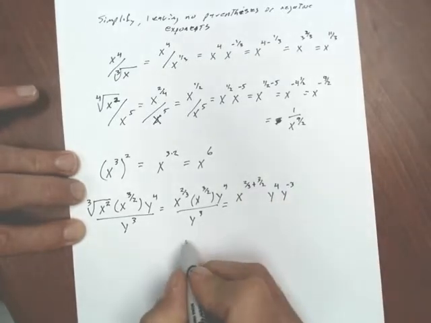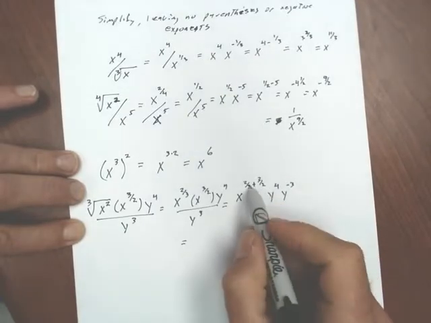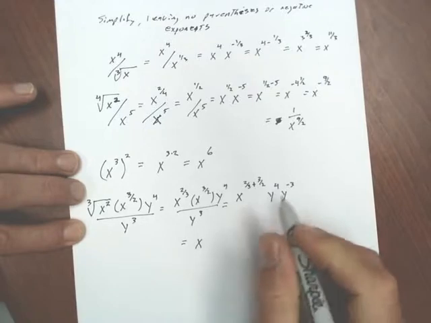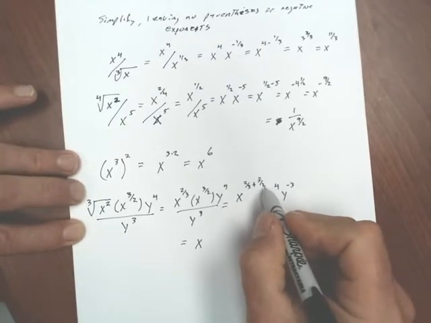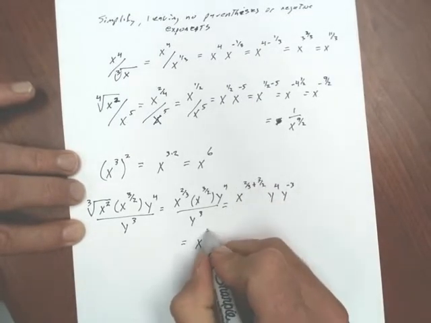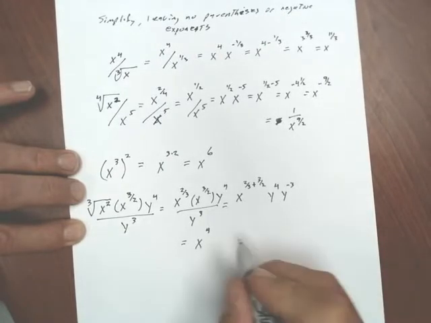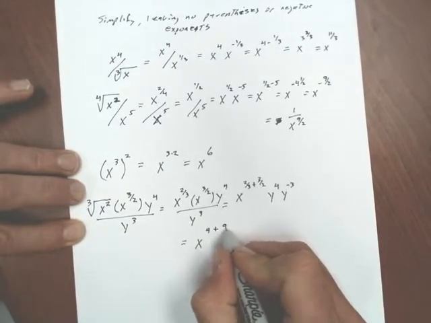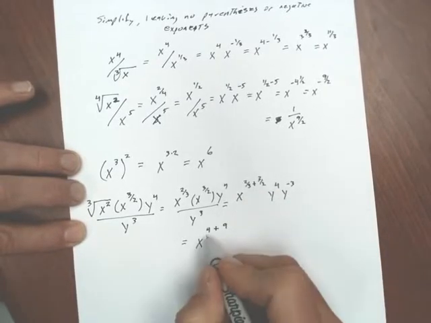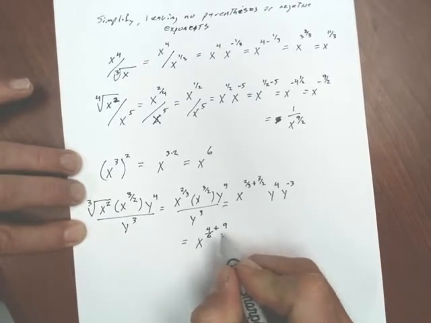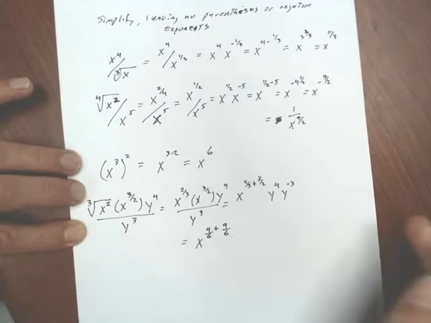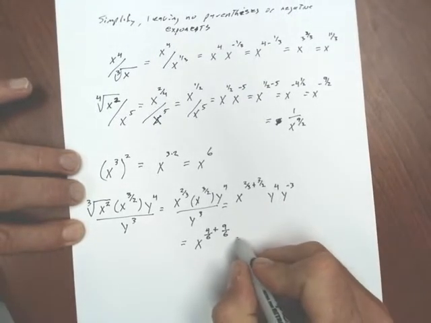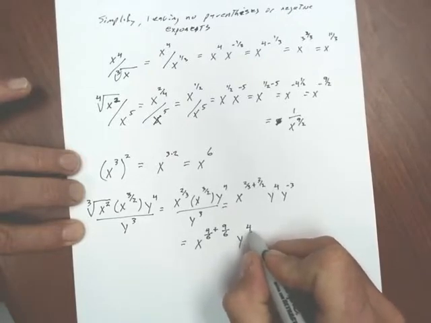So this equals, I've got to find a common denominator here, so this equals x. We're going to multiply this side by 2 to get 4 in the numerator, plus 9 in the numerator, divided by 6, times y to the 4 minus 3.